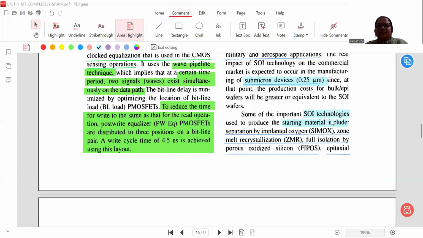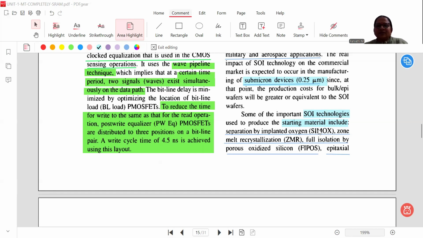Then some of the important SOI technologies used to produce the starting material include: what are the basic materials that are required to produce SOI technology? There are a couple of materials. Separation by implanted oxygen, shortly SIMOX. S stands for separation, IM stands for implanted, OX stands for oxygen. As we mentioned previously, between components we require isolation islands.